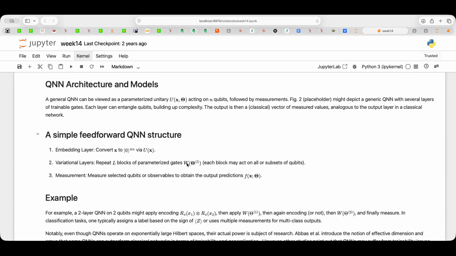Keep in mind that, as you saw from some of the figures in the PDF file, we can have repeated blocks of parameterized gates. And that can involve rotations with angle dependencies, a set of CNOT gates, etc. And as I said, each block may act on all or just a subset of the qubits. So clearly, the more qubits you act on, the more complex the circuit and the more lengthy the operation.